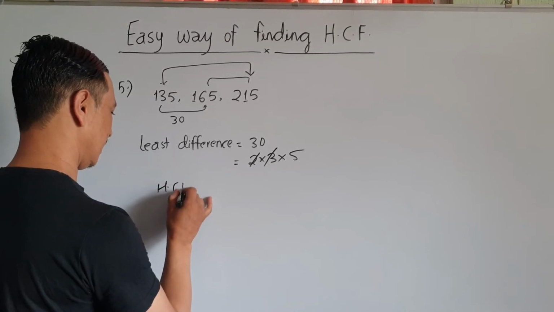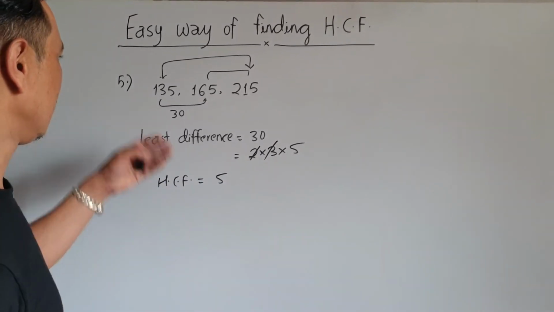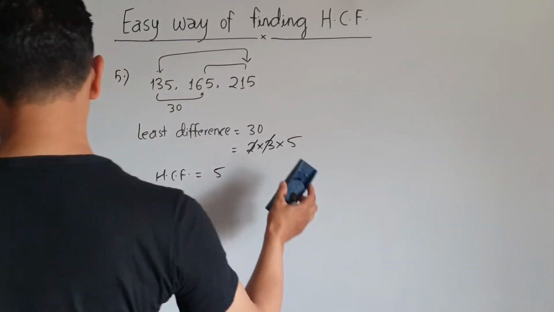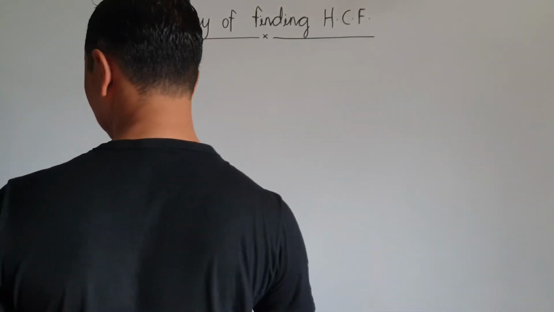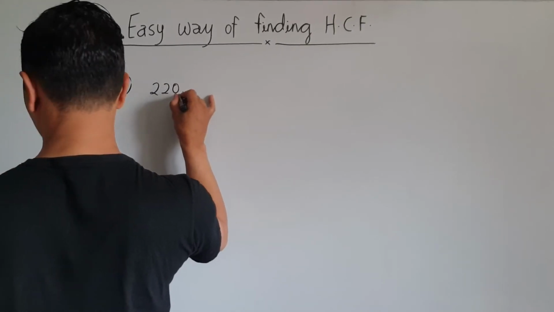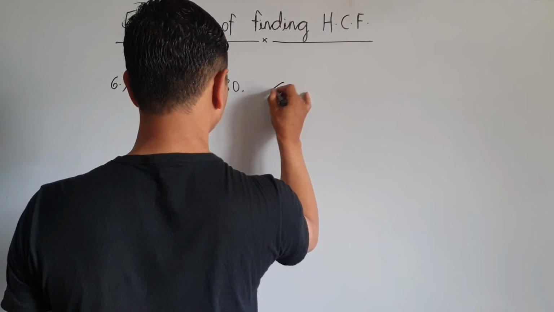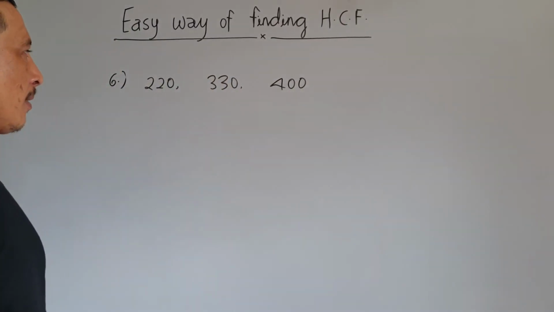So the HCF is 5. By using this technique we can find the HCF of bigger numbers also. Let's take one more example, 220, 330 and 400.